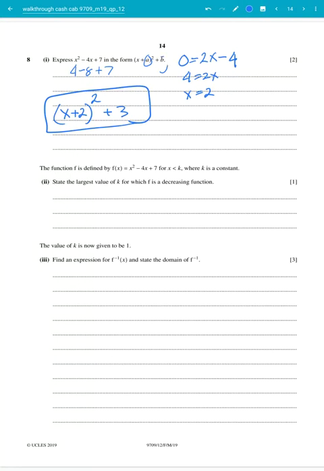Okay, so now the function is defined for x less than k, where k is a constant. State the largest value of k for which f is a decreasing function. So let's look at it. We're a positive quadratic. So decreasing is going to be this side, increasing is this side. So x needs to be less than k. K needs to be the x coordinate of the vertex. So x less than 2, k is equal to 2.